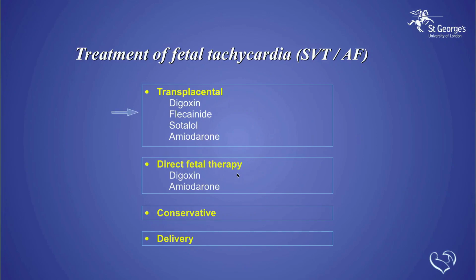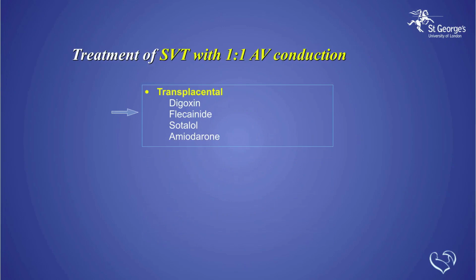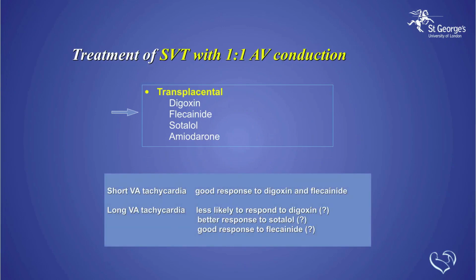If we go through those initially, I'm just aware of the time, because this is another session. SVT with one-to-one conduction, I'm not going to go into these details here, but it's not clear-cut which is the best drug. Flecainide seems to be a good drug for most of the tachycardias, but not always. Digoxin, probably quite good for atrial flutter, but not always.